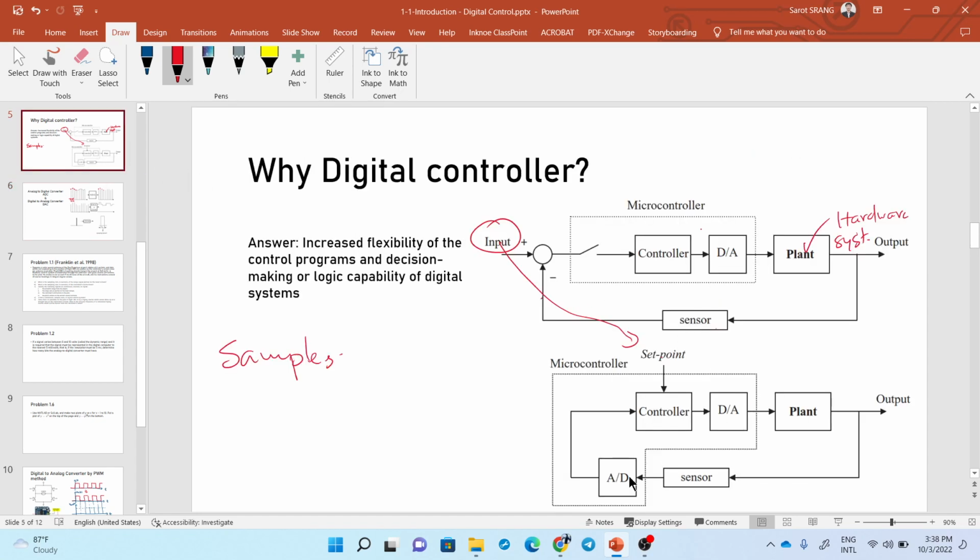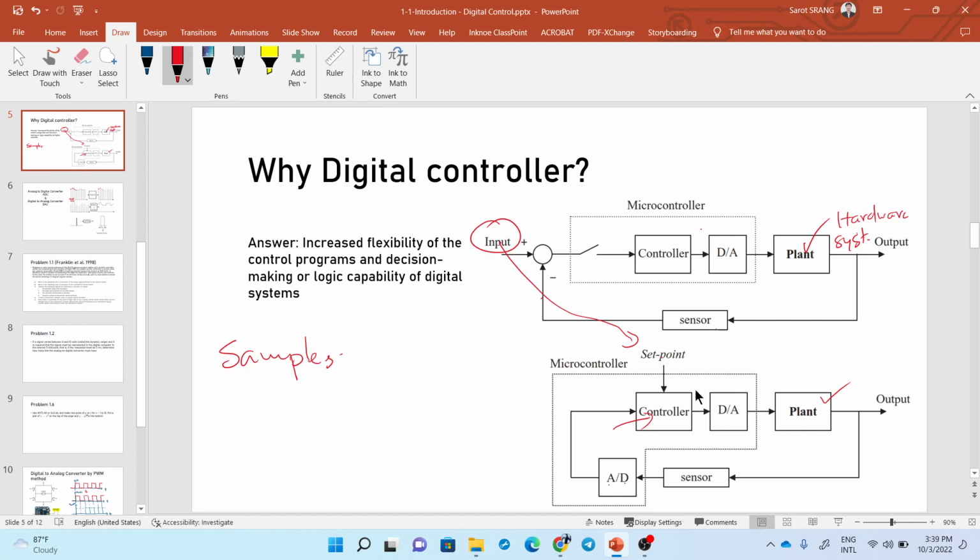Okay, so the sample is obtained from the sensor through the analog to digital converter. You get the sample into the controller to compute. But then your plant is a continuous system. You need to give the input as continuous.